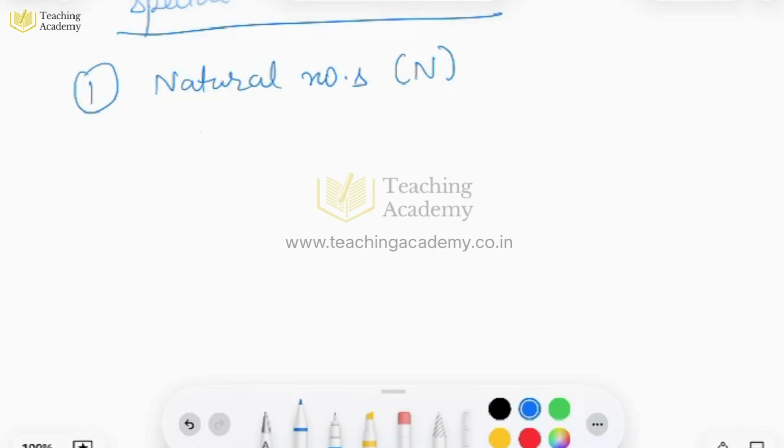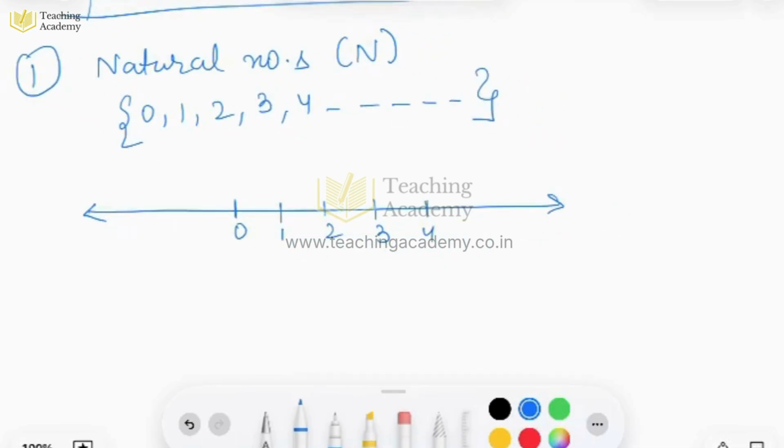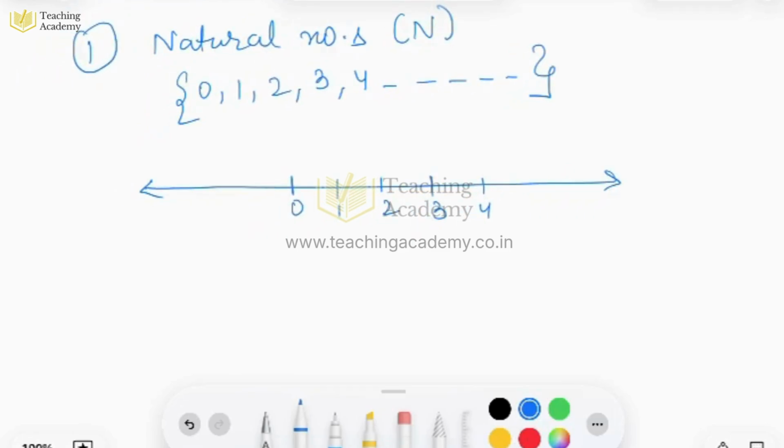N basically starts from 0. And they are also uncountable, right? This is also a part of the infinite sets. So I'm going to mark it like this. And if I want to show it on a number line, I'll start from 0, 1, 2, 3, 4, and so on, right? So this is going to be infinite in number. It is starting from here and going in this direction.